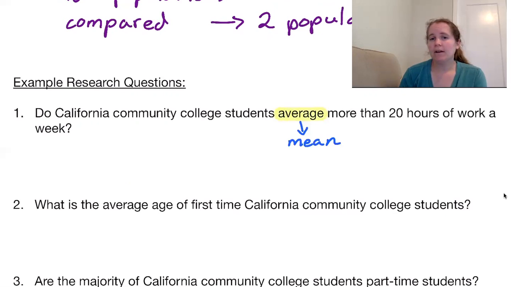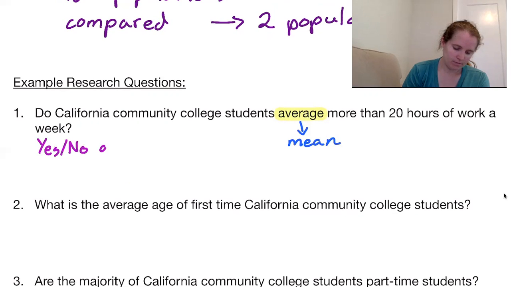Next thing we want to look at, is this a yes, no question, or is it a what is question? This is a yes, no question. So we know that this is a hypothesis test.